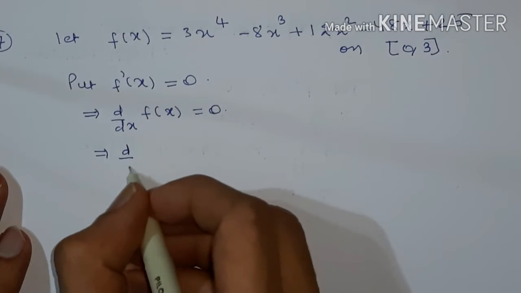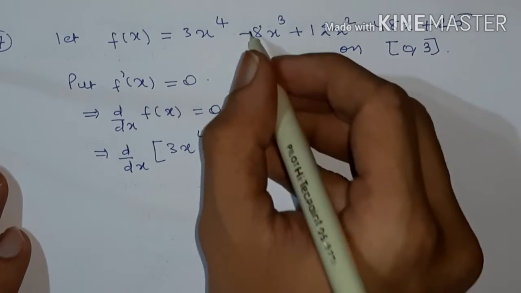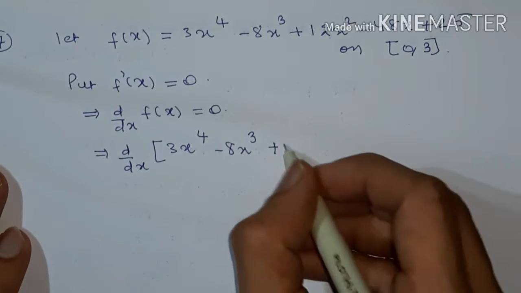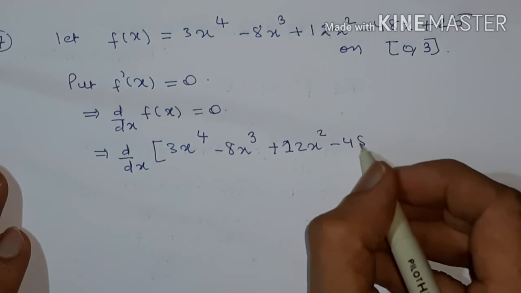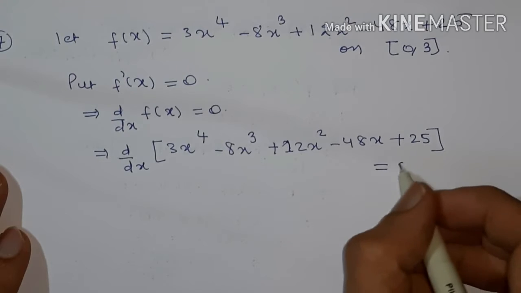So that means what? Derivative of 3x raised to 4 minus 8x cube plus 12x square minus 48x plus 25 equal to 0.